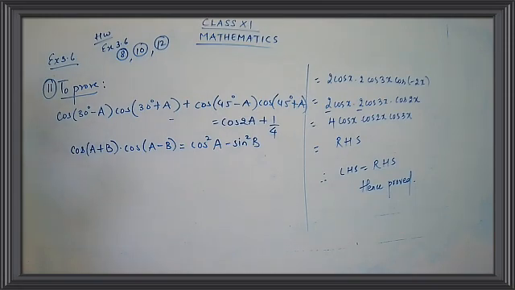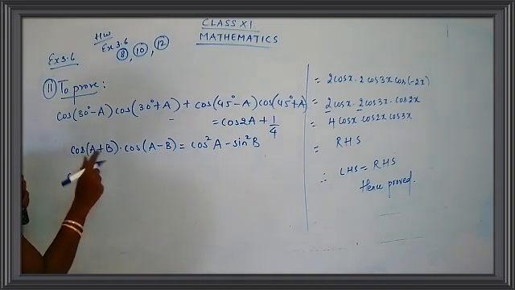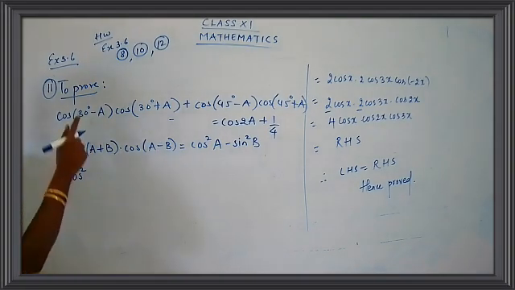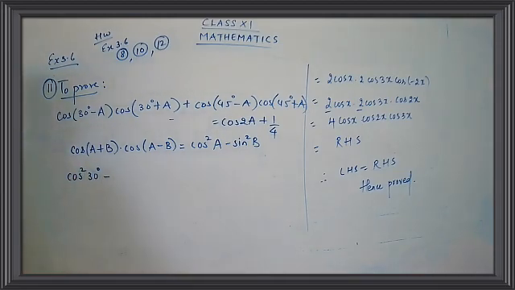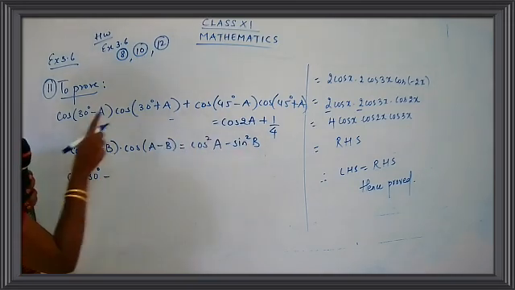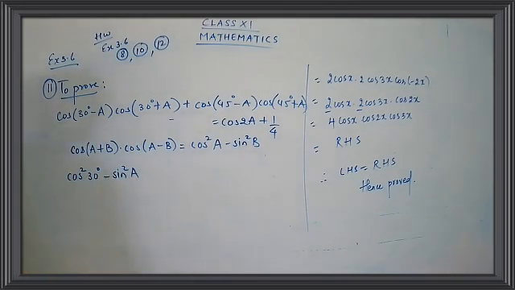Be careful with the sign, children. I get cos square a. What is a here? It's 30. So put cos square 30 degree minus sine square b. What is b here? B is a. So sine square a. So I get cos square 30 degree minus sine square a.